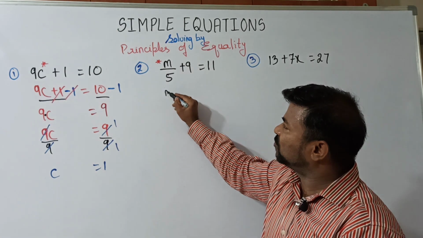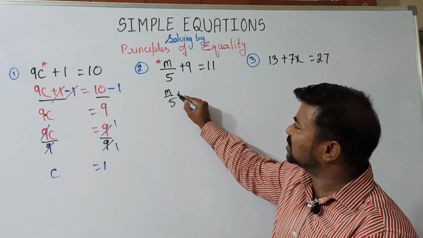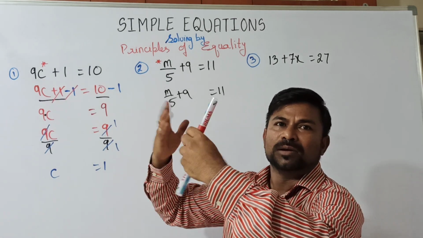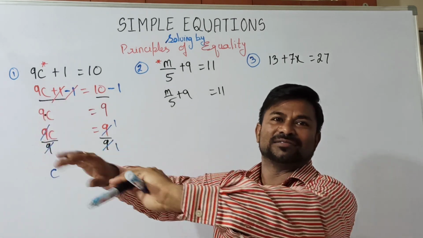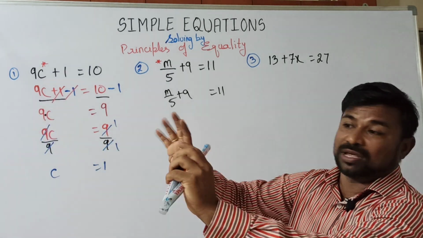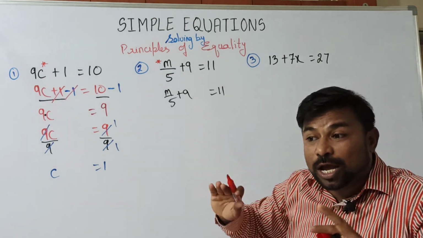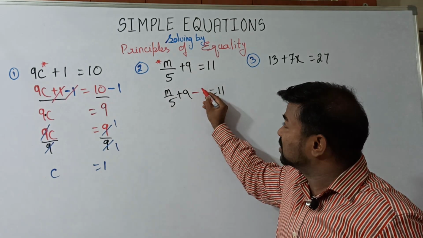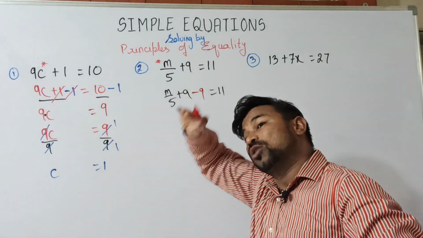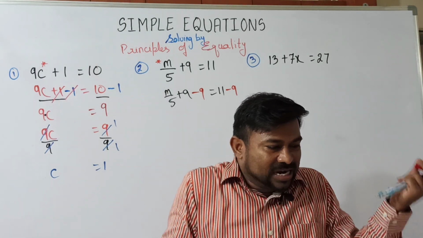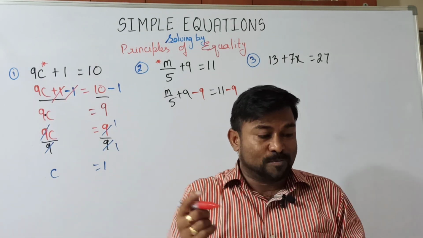m/5 + 9 is equal to 11. Okay, first we will remove the far away friend, right? Not the best friend, the away friend. So what's the opposite? Here you have +9. The opposite is -9. Not on one side, on the right hand side also, on both the sides.